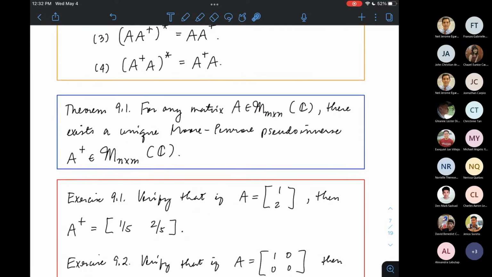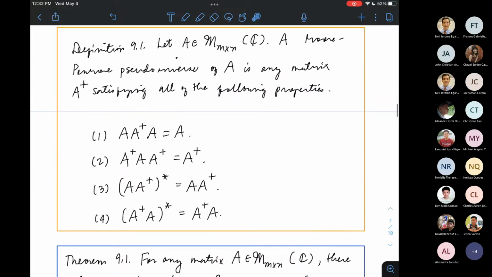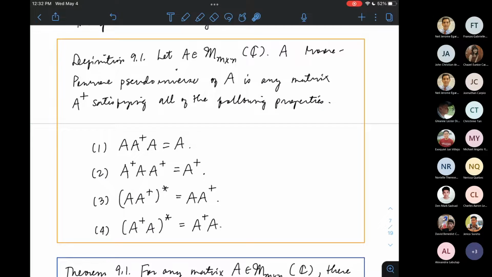Okay, but before we go to the exciting part of knowing how to compute the pseudo-inverse, at least for a certain class of matrices, tingnan muna natin itong magandang result. Kasi ang sabi ng Theorem 9.1, actually, dalawang bagay yung sinasabi nito. Lahat ng matrix A ay merong pseudo-inverse. At ang pseudo-inverse na yon ay unique. So basically, the article that I use to precede yung pseudo-inverse, pwede natin itong palitan ng the.